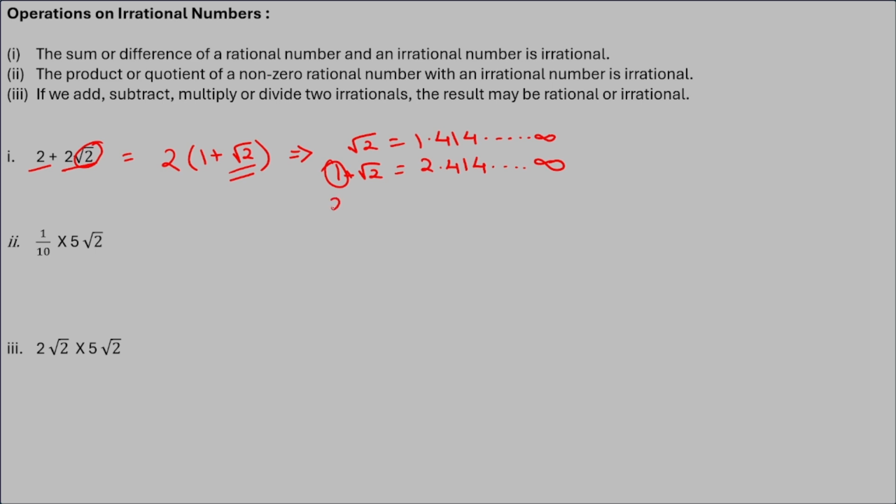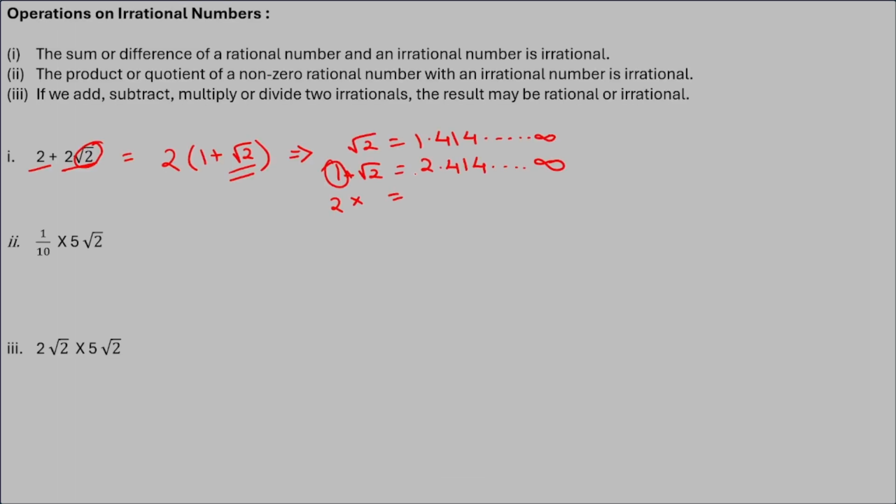And if you multiply it with 2, what will be the value? Then it will be 4.828, like that till infinity. So what you can conclude from this is, whatever you are doing with this number, it is still continuing till infinity, and as you cannot write it in p by q form, we can call it an irrational number.